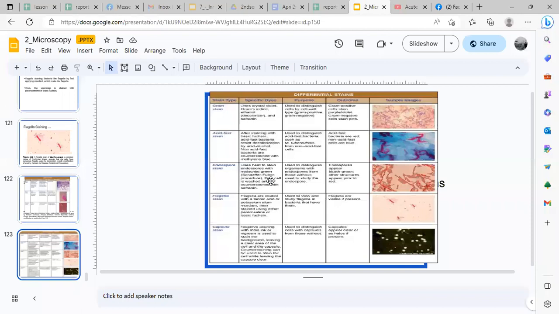So you want to know the presence, of course, of the endospores. And then for flagella stain, you need to coat the flagella to make it thicker. So use tannic acid or potassium alum. And then you can use pararosaniline, rosaniline, and then you have the basic fuchsin.